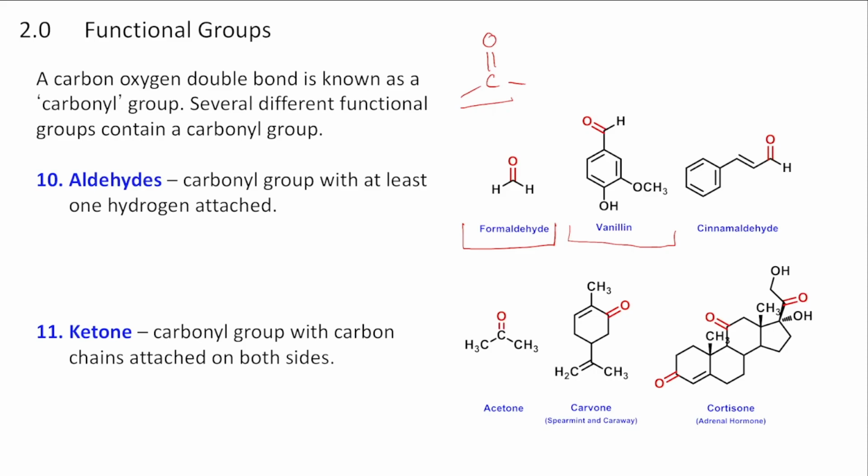The next molecule we have here is vanillin, and vanillin is the compound responsible for the flavor and odor of vanilla. It has a carbonyl group up top with a hydrogen attached. What I want to point out here is that this molecule actually has a bunch of functional groups on it. And what we often see is single molecules having multiple different functional groups all at the same time.